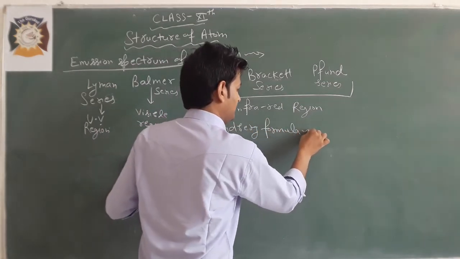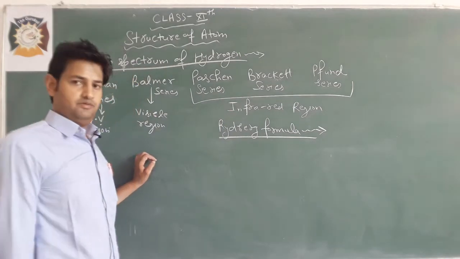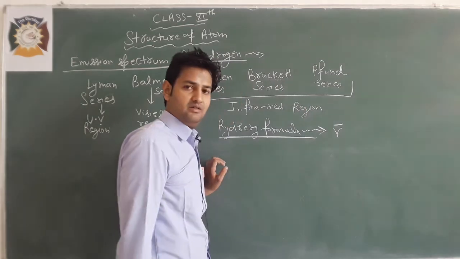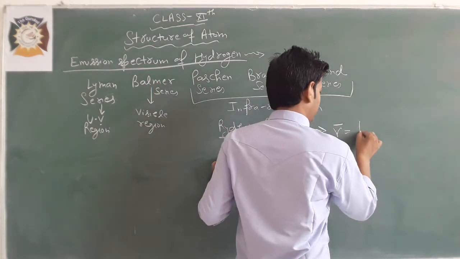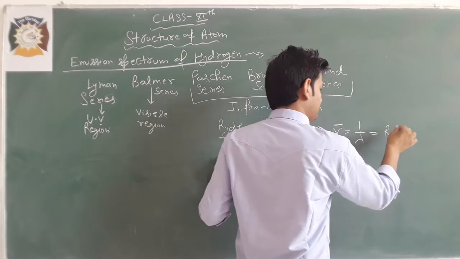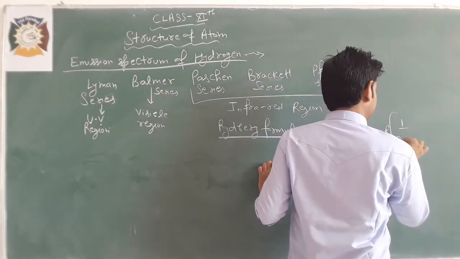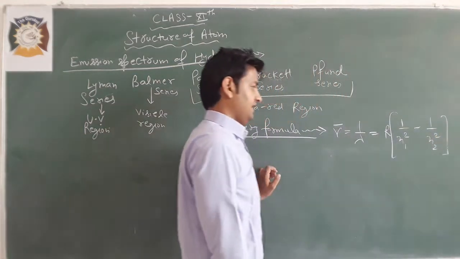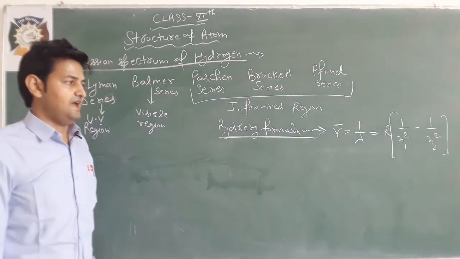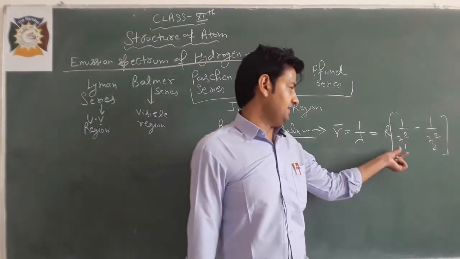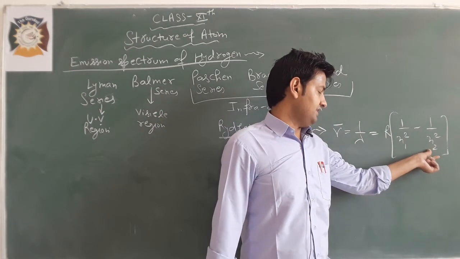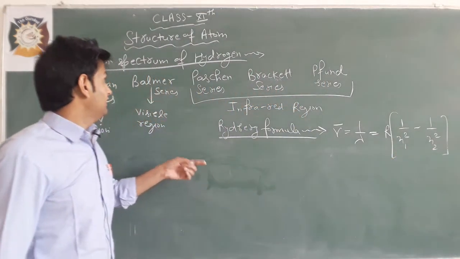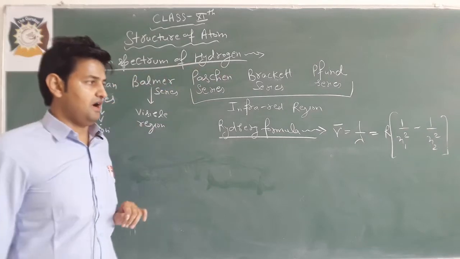According to this formula, wave number, nu bar, which is 1 by lambda, is equal to R into 1 by n1 square minus 1 by n2 square. n1 and n2 are the ground and excited state lines for the emission spectrum of hydrogen.